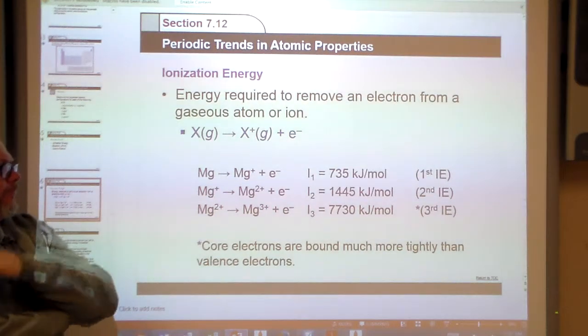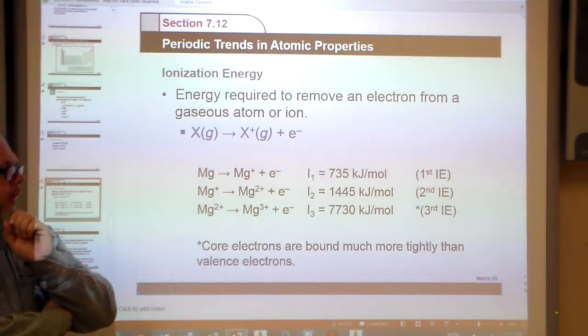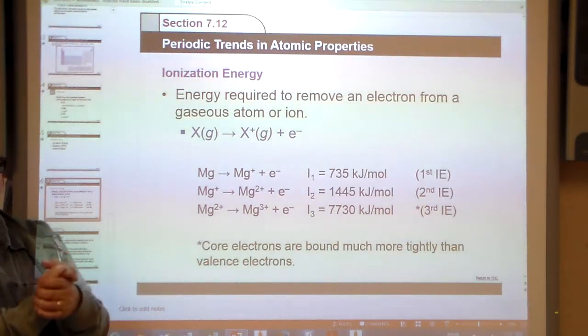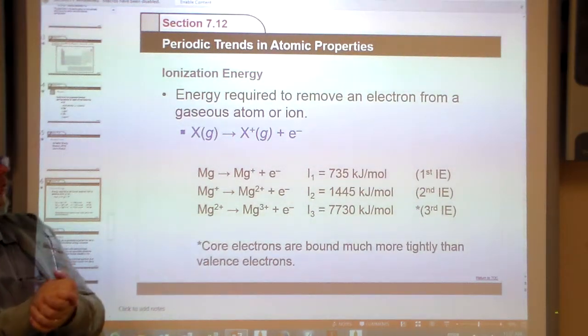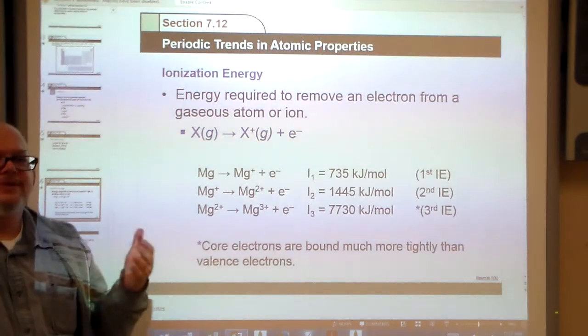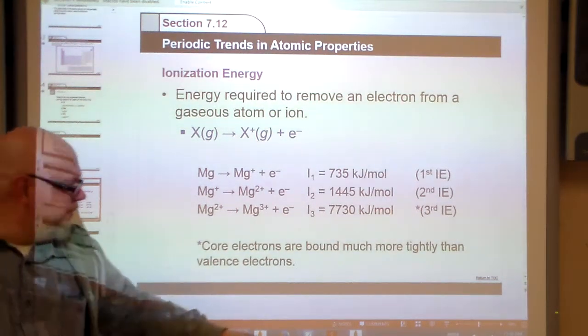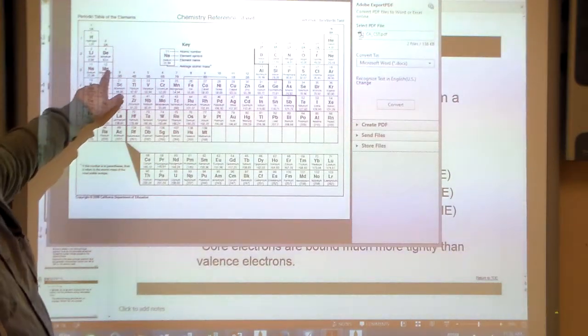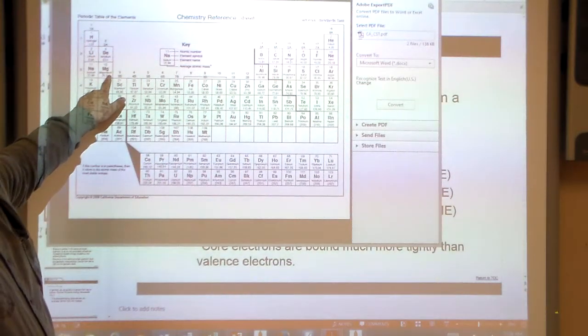Well, what's happening? Remember, there's something about core electrons. Core electrons are closer to the nucleus. The nucleus is going to hold on a little bit more tightly, because if we look on the periodic chart for magnesium, okay, we have it up here, typically it has a charge of +2.